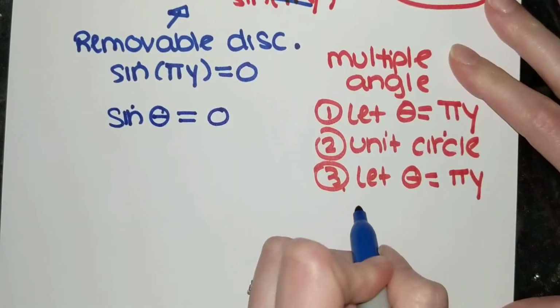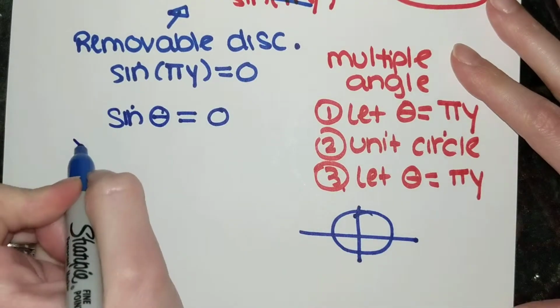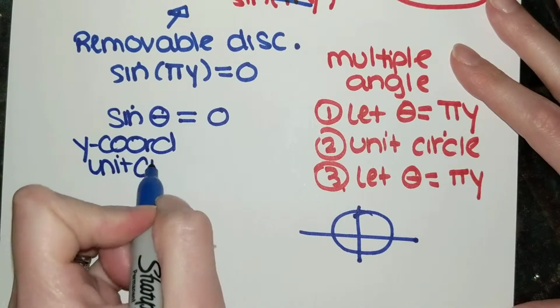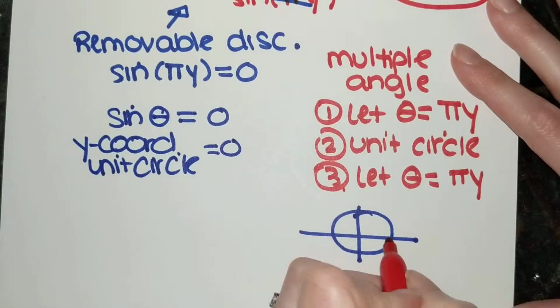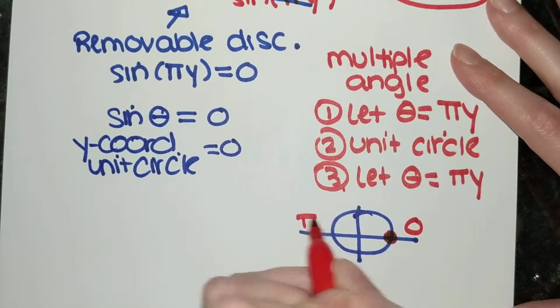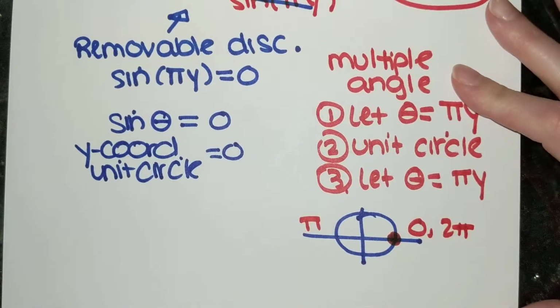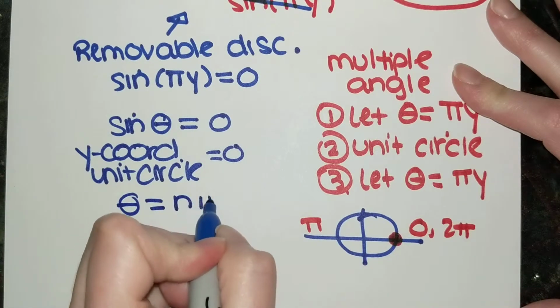You then go to your unit circle, and on your unit circle, you're looking for where your y coordinate on the unit circle is equal to 0. And that, of course, is going to be at 0, at pi, at 2 pi, 3 pi, all the way around. So we summarize that to say that that's going to be when theta is equal to n pi.